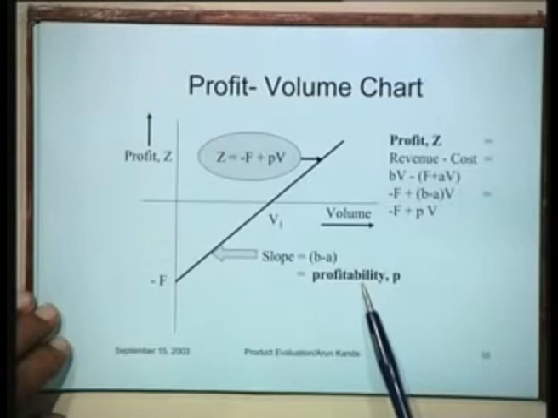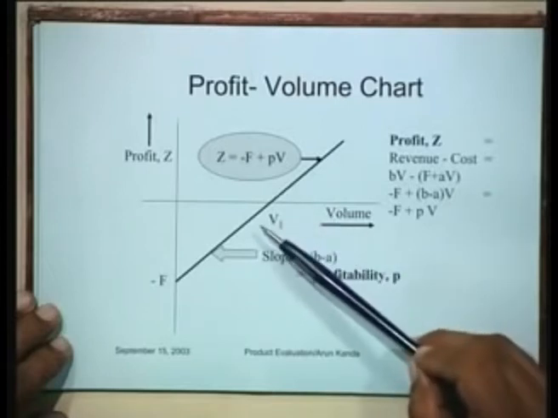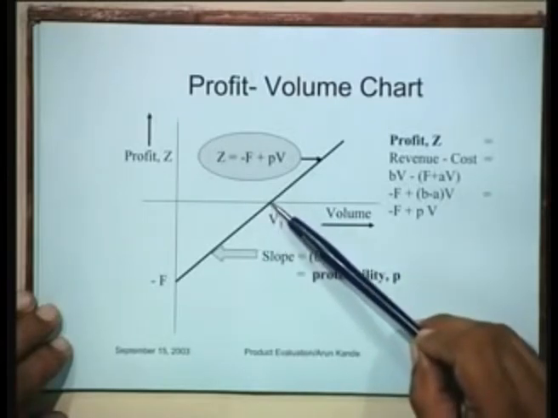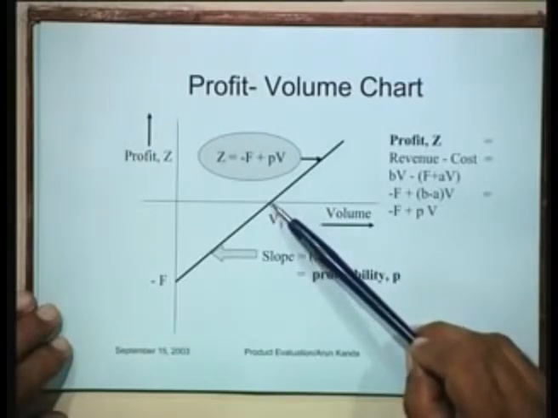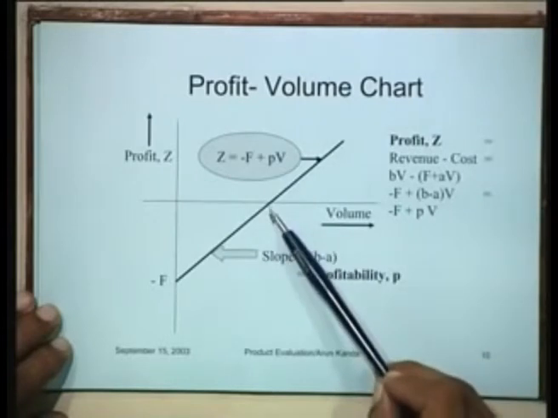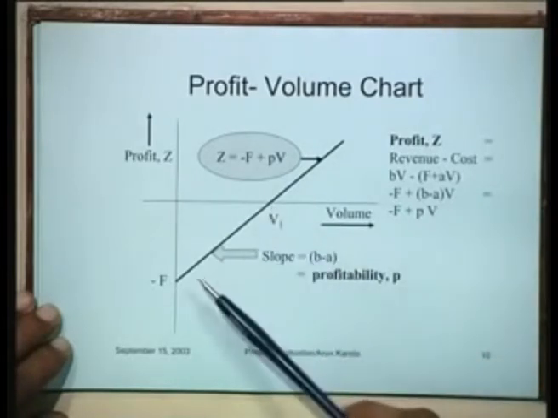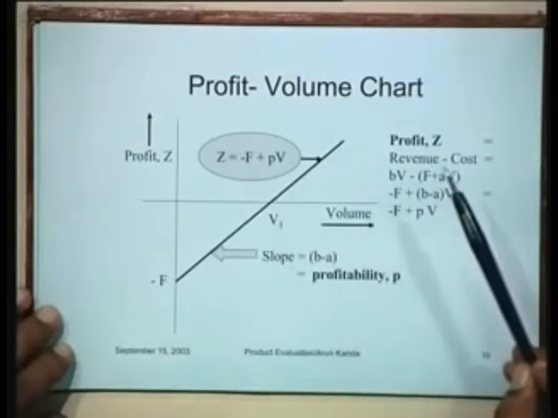This is how we formally define profitability of a product. And the point corresponding to which the profit is 0 is defined as the break-even point. So, that point is V1 here. V1 is the volume of sales, and this is the equation of the profit volume chart.